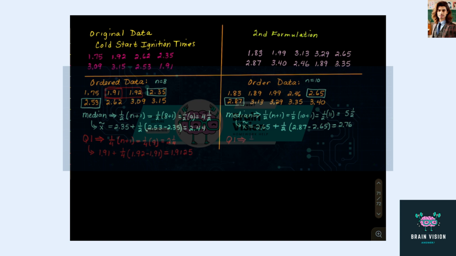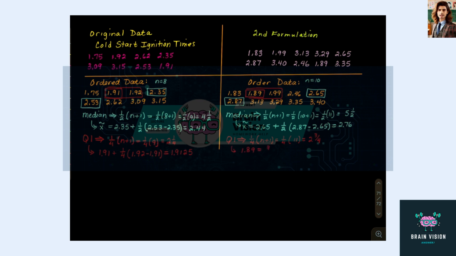And we'll do the Q1, or quartile 1, for the new formulation, or second formulation. So it's going to be 1/4 of n plus 1, which is 1/4 of 11 in this case, which will put us at 2 3/4. So that means we want to count to the second piece of data and then 3/4 of the way to the third. So the second piece of data is 1.89.